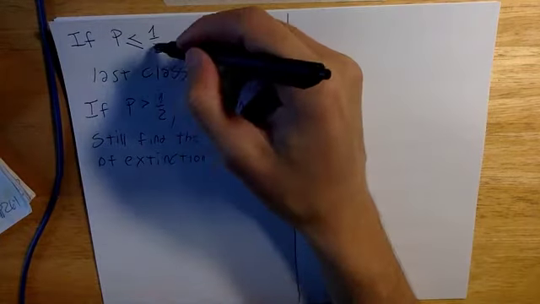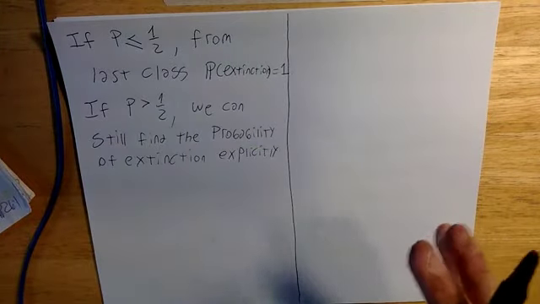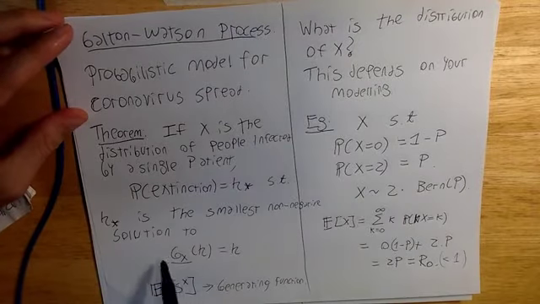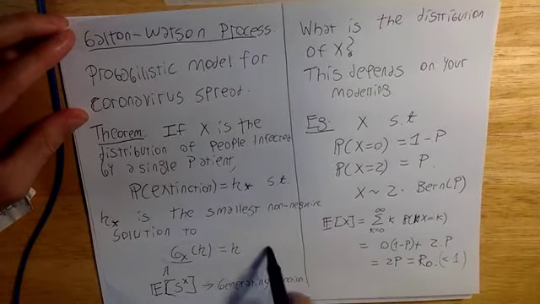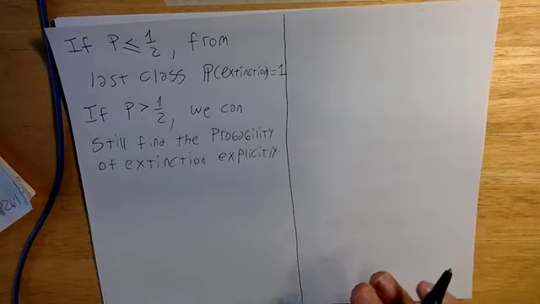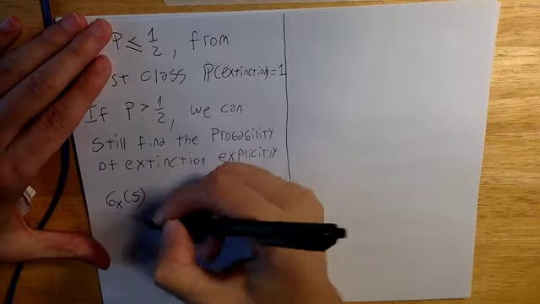Okay, and what we are going to see is that this differentiation between p less than half and p bigger than a half is just anecdotal. If we look at the theorem, the probability of extinction is the smallest solution to g of X of eta equals eta. So the question is, what is g of X of s?